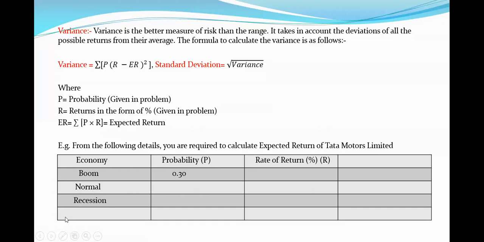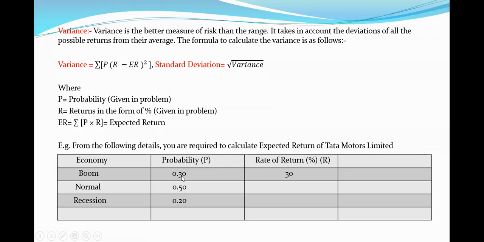So in three situations, we will have different probabilities. And the total of probability will always be equal to 100%, that is 1. If you make the total of probability of all three economic situations, 0.3 plus 0.5 plus 0.2, you will find 100% probability. Next is rate of return.